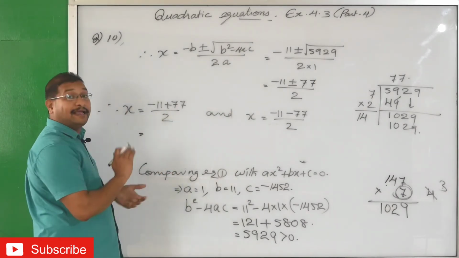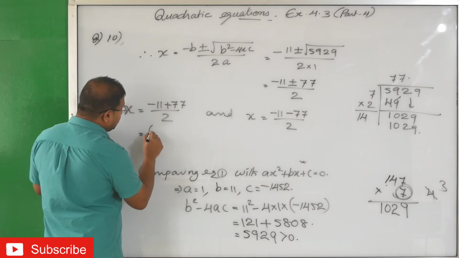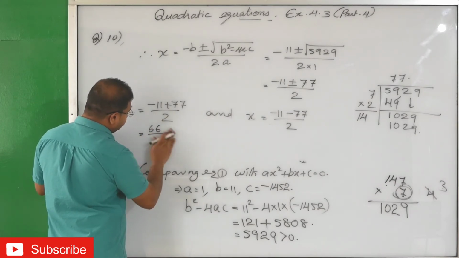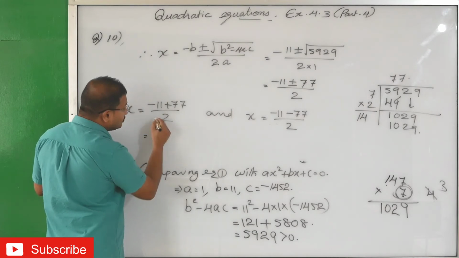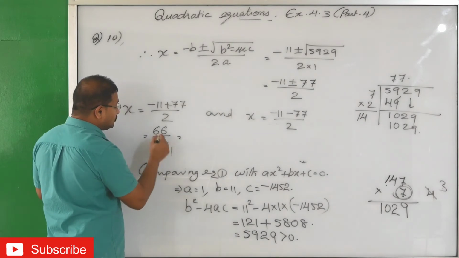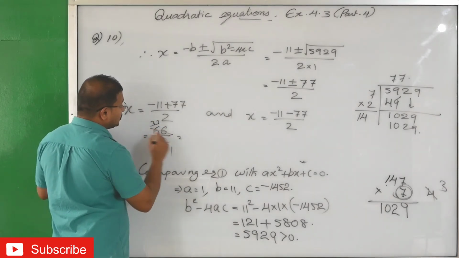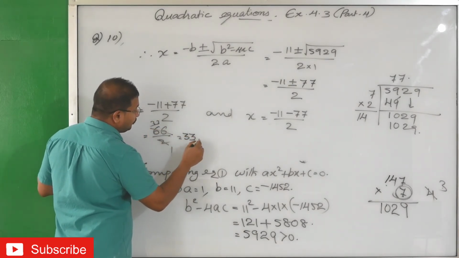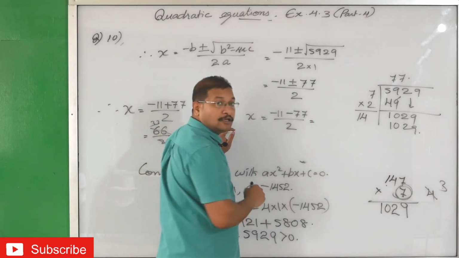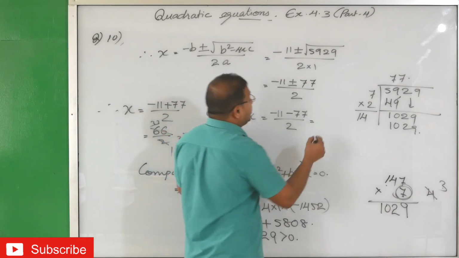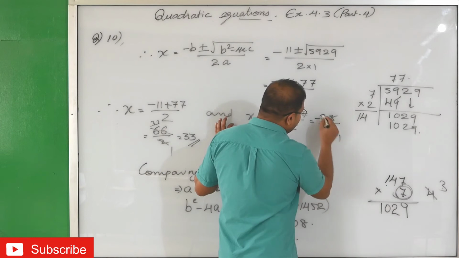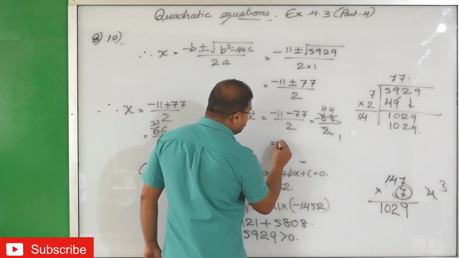So 77 minus 11 is 66 by 2. 2 ones are 2, 2 3s are 6. That means we will get 33. But here minus into minus plus, so 77 plus 11, 88. It will get minus 88 by 2. We will cancel by 2, equals minus 44.